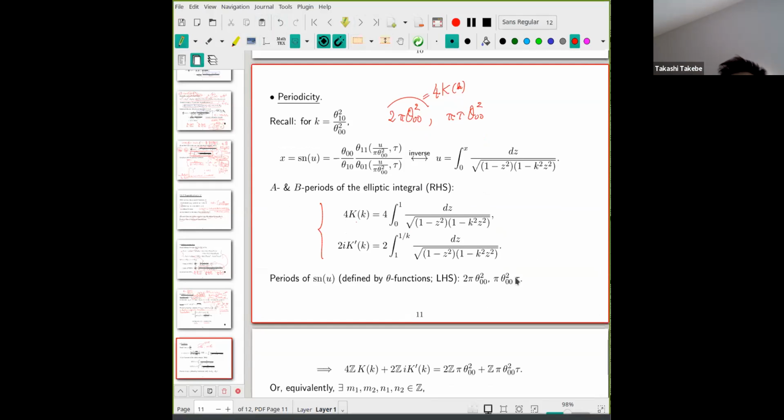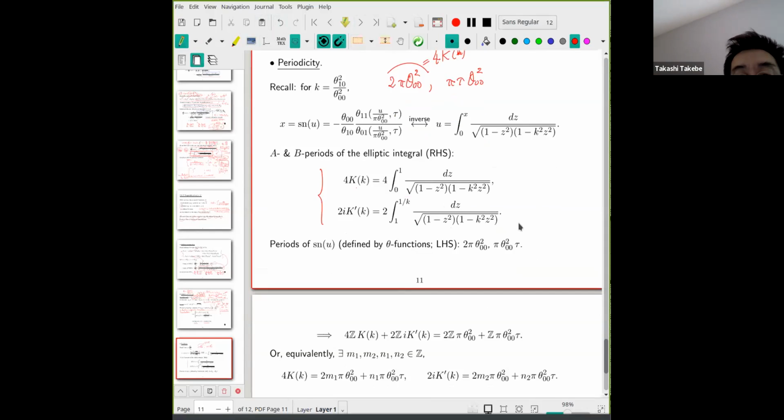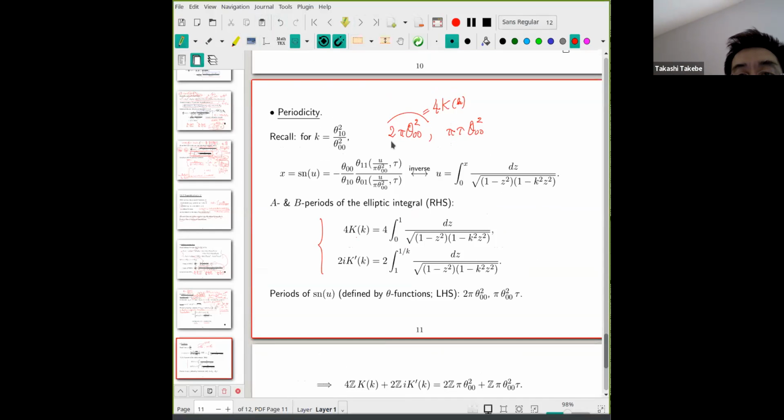So they are periods of the inverse function of this integral, so these are periods of sn. So we have two expressions. One expression of the periods is a linear combination of them. The other is also a linear combination of them.